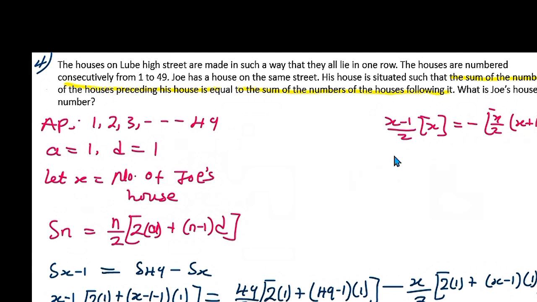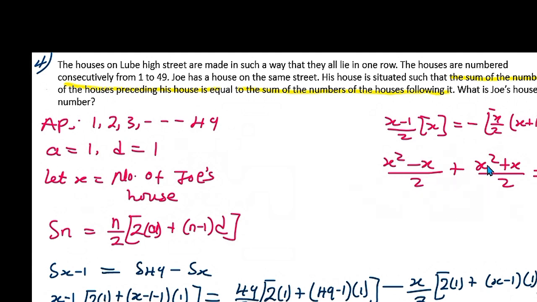Now if we simplify this, we are going to have x squared minus x divided by 2. Maybe I should bring everything to this side and set it to 0. And so this will be x squared plus x divided by 2. This equals 0.